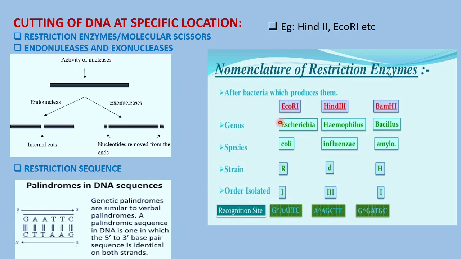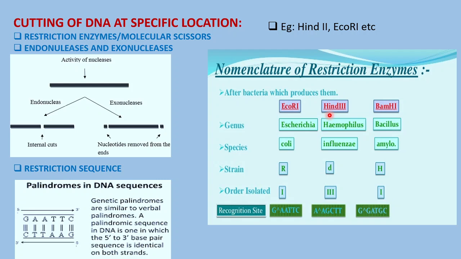So E has come from the genus name, the first letter of the generic name. Then CO, from the first two letters of the species. Then R, the strain of the bacteria. Then I, the order of isolation. That means this was from Escherichia coli, and this was the first restriction enzyme to be isolated and studied. So accordingly the name came, EcoRI.